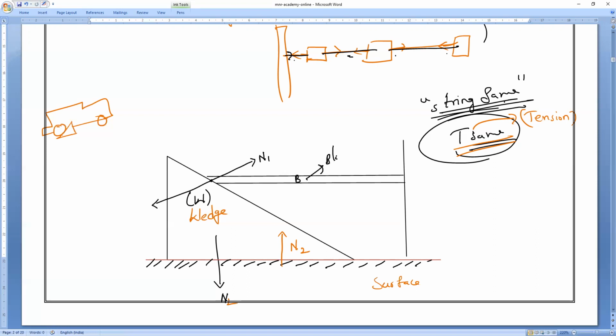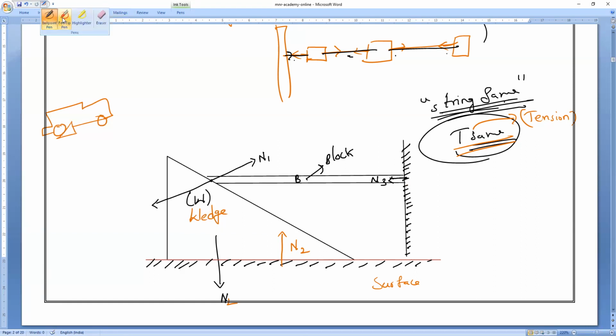B means block. Now, the rigid surface is exerting a force on the block. Let me consider that as N3, the normal force.